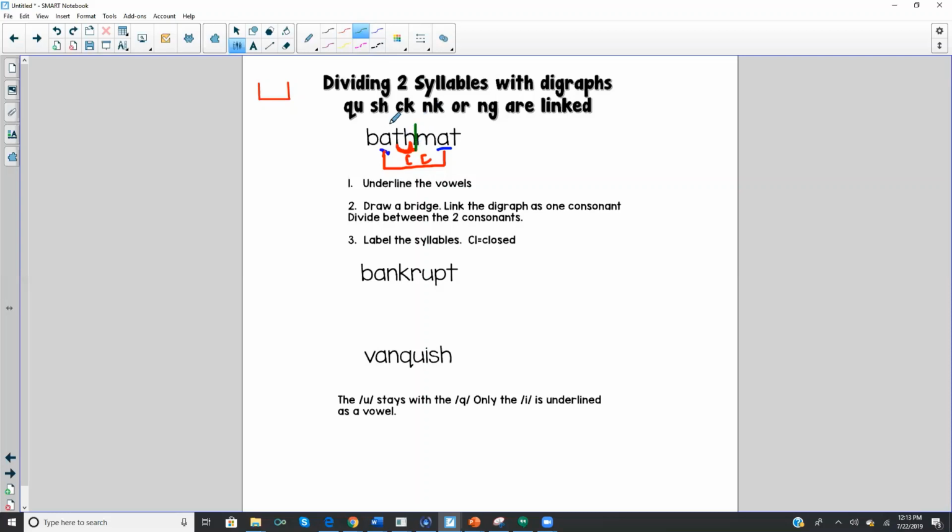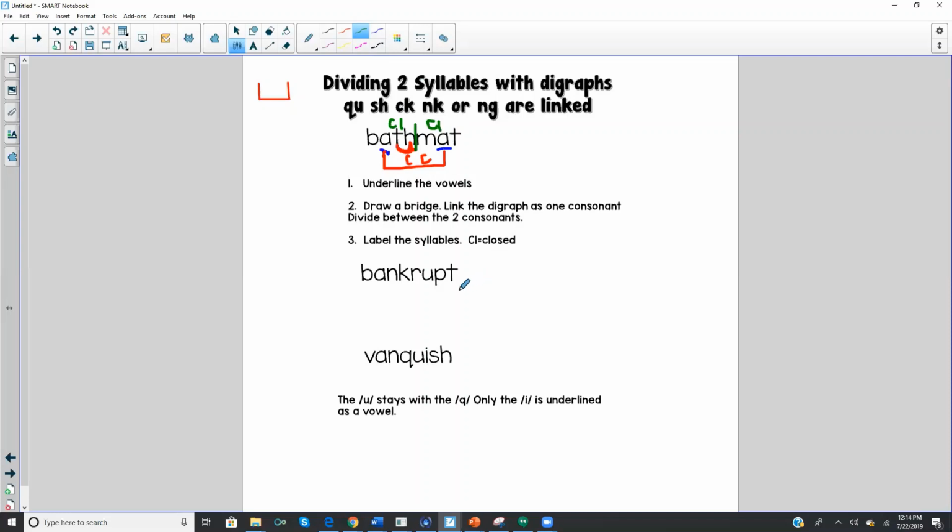Is this going to be a closed syllable or an open syllable? Closed. So if they're both closed, the vowel is going to be short, and like you read it before, bath mat.